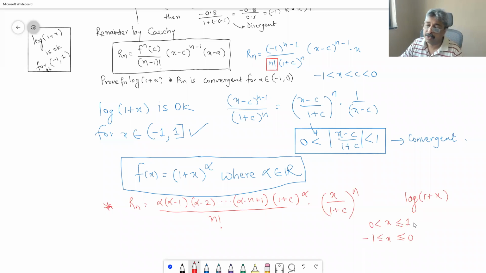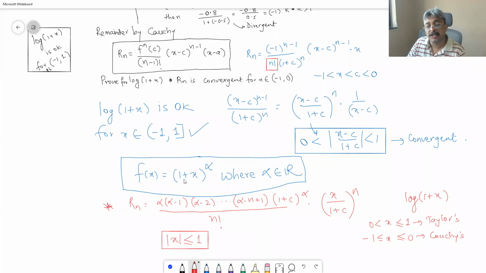Then this is by Taylor, this is by Cauchy's, and hence the expansion of this is going to work for mod x less than or equal to 1. That is the condition.